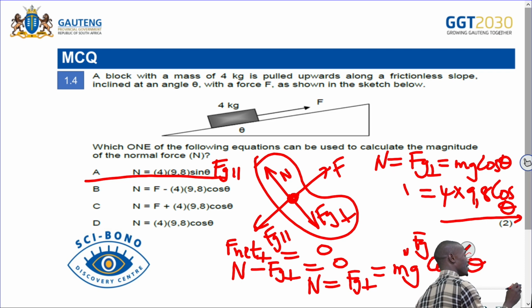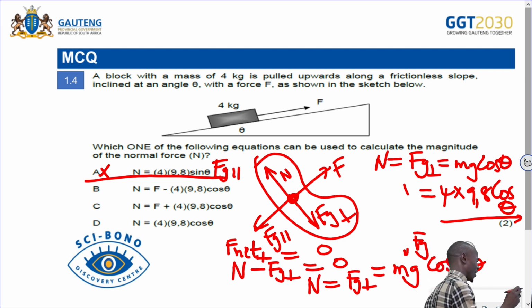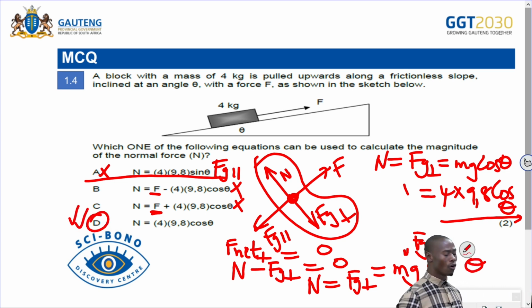So your A will be incorrect, and then let's look at B. B included also the parallel forces, so it cannot be. We need to focus only on the perpendicular ones. Same with C, so this is also incorrect. Then the correct option will be D, which is 4 times 9.8 cos theta.